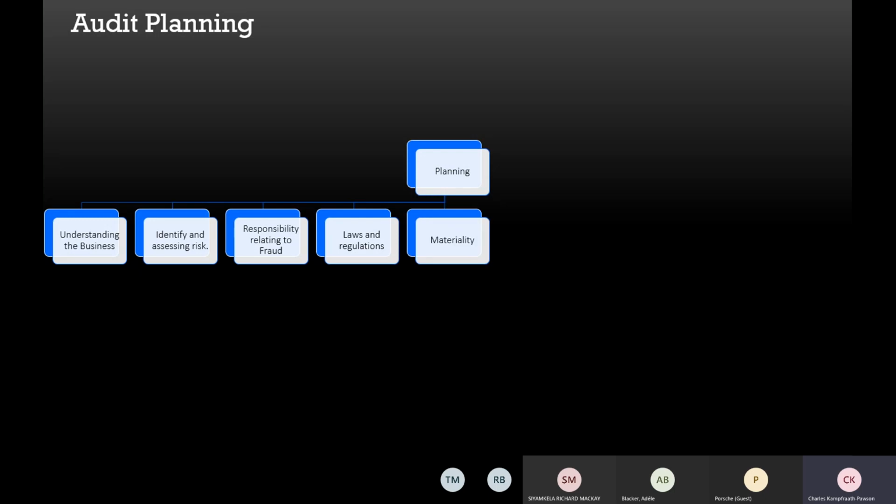Materiality, very important point, and probably one of the most important points. You need to understand what is material to the company, because 1,000 Rand might be material to company A, but extremely immaterial to company B. So in your auditing, you might find discrepancies.